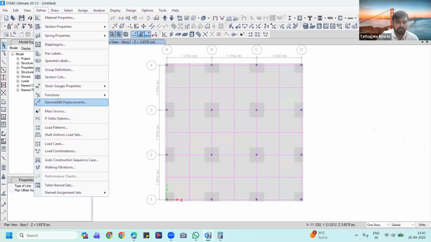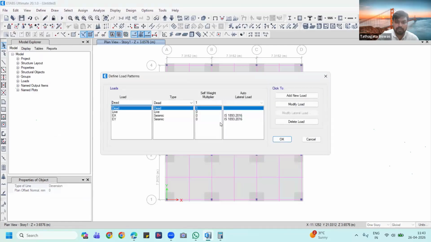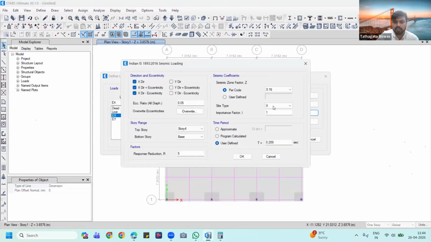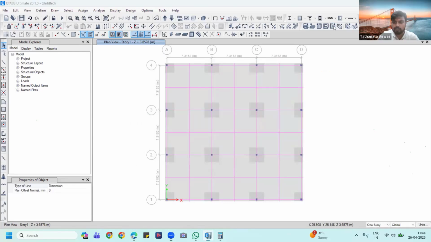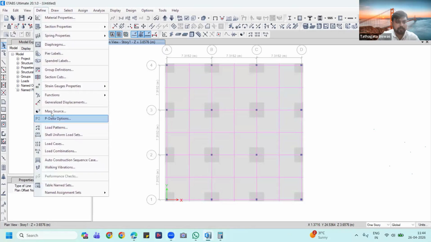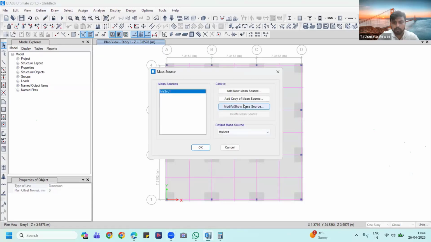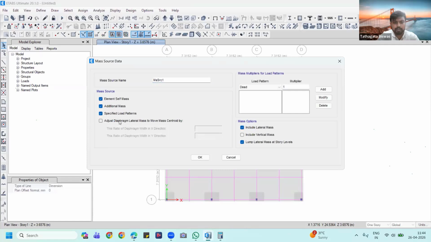Now go to the mass source. Now here what we did, these two areas will be giving you the Ah. Whatever the requirement of Ah, that will be followed by this. Now we need to calculate the W also. For that you need to go to mass source, modify. You need to check this too, because the software by default calculates the self weight.